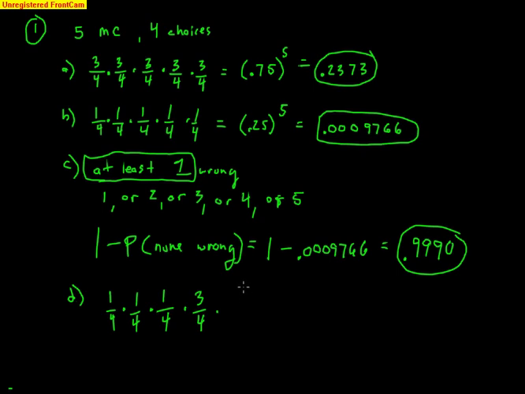Well, to be honest with you, the question didn't even mention it. It doesn't matter if I get it right or get it wrong, so I really don't even have to consider it. So my answer would just be 0.25 times 0.25 times 0.25 times 0.75. I really don't even have to consider that last question because the problem doesn't hinge on that last question at all. It only hinges on getting the first three right, and then the 4th one wrong. That's all that matters. So there'd be your answer, 0.0117.